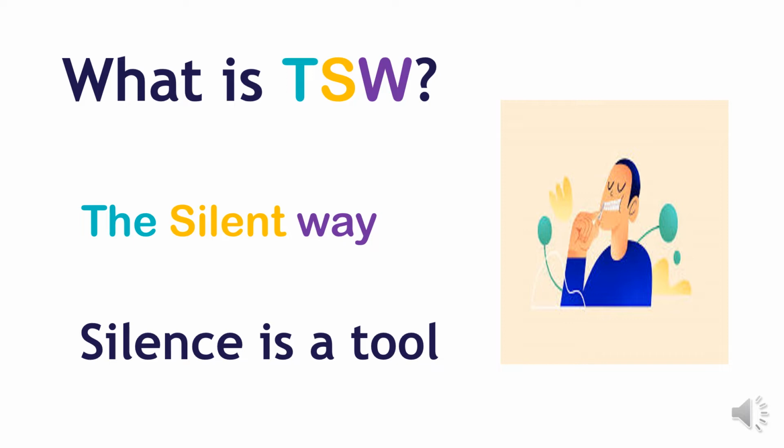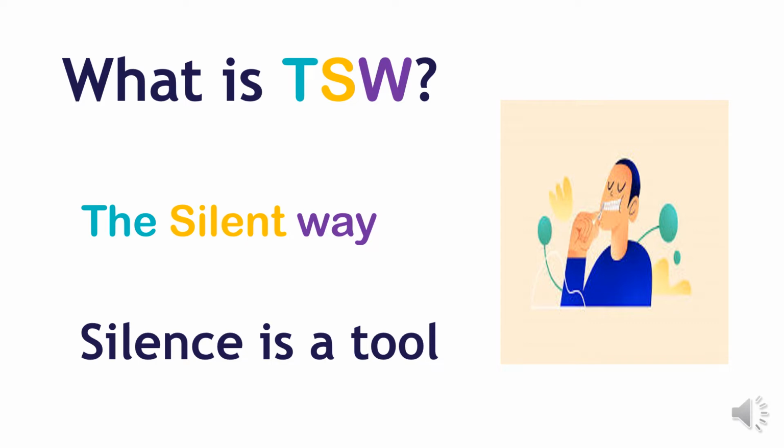It got its name from the silence, which is a tool used by the teacher. Used it for what? Used it to let the students hear themselves and listen to each other and discover the mistakes they made by themselves. So there is a huge shift in the role of the teacher in this way.